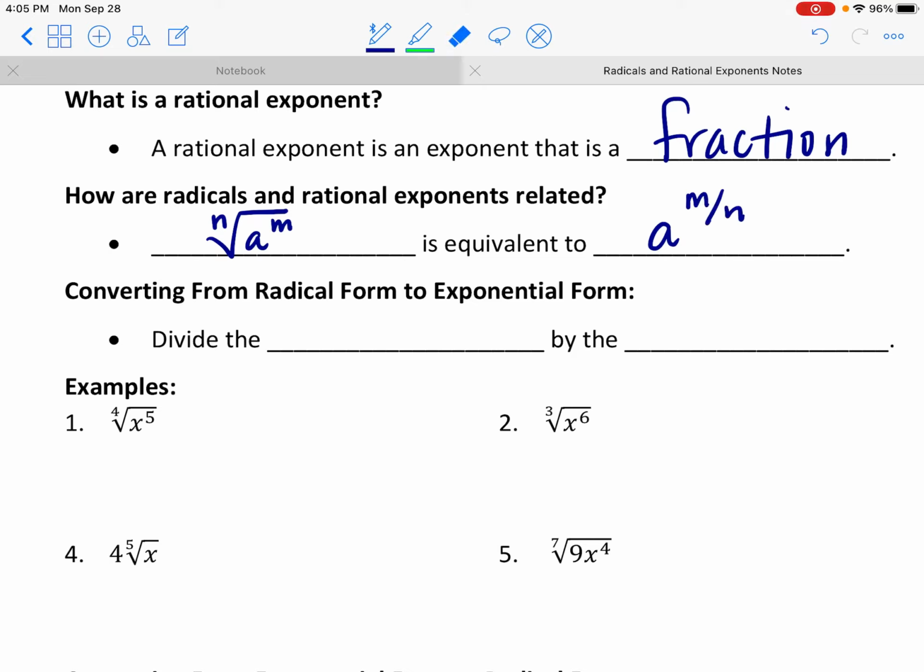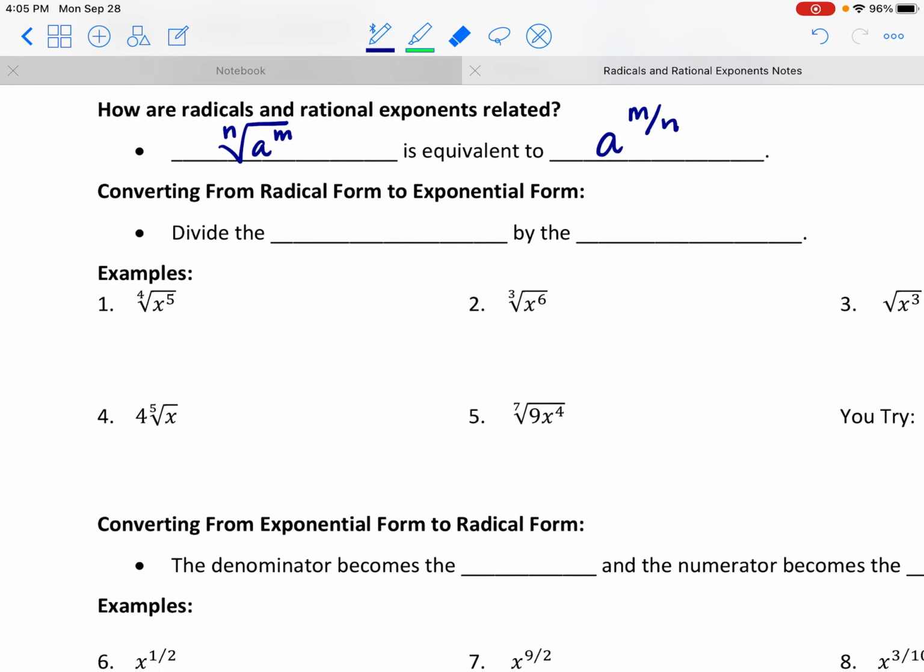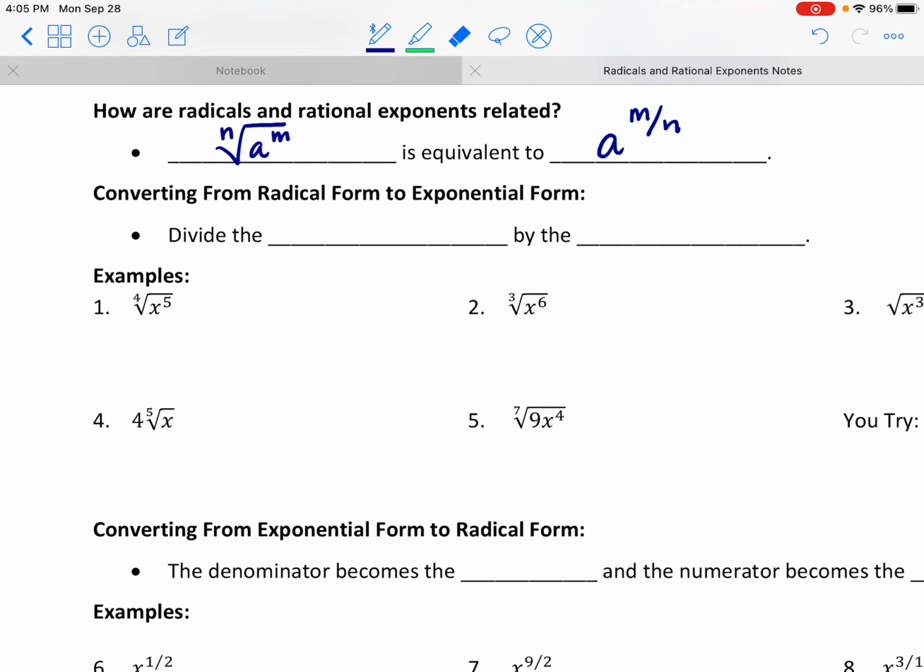So we can take any radical and rewrite it as a rational exponent. Sometimes it'll divide, sometimes it won't. And then if the fraction reduces, that means that our radical and our index could reduce the same way. So we're just going to practice rewriting, not really doing any simplifying, just rewriting from one form to another. And to go from the radical form, this is our radical form, to rational exponential form. This is rational exponential form.